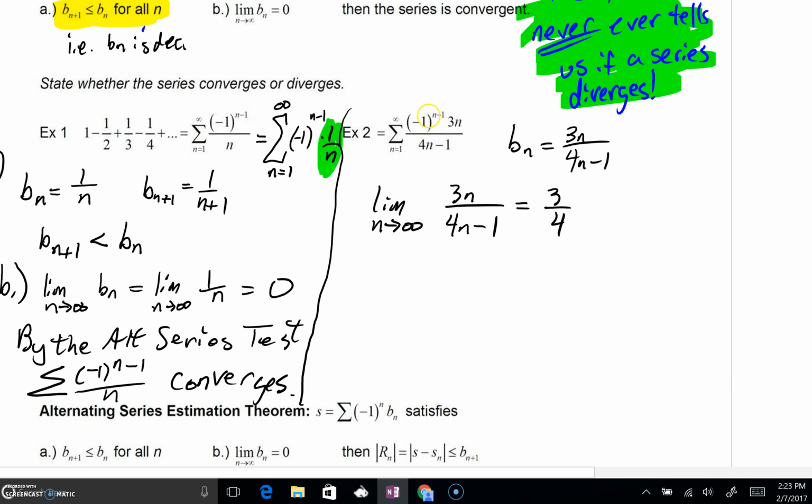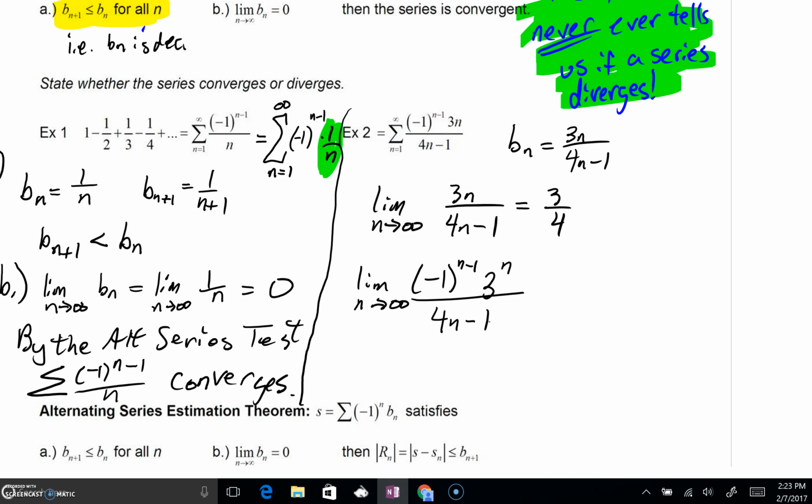Just a moment ago I said ignore that negative 1 to the n. If I would have just gone back to this problem on section 12.2, you wouldn't even have batted your eyes thinking, hey, that's an alternating series. You would have said, well, hey, maybe I could do the nth term test for divergence.